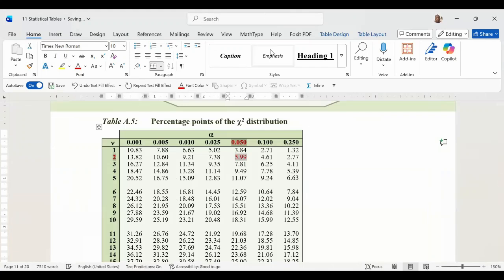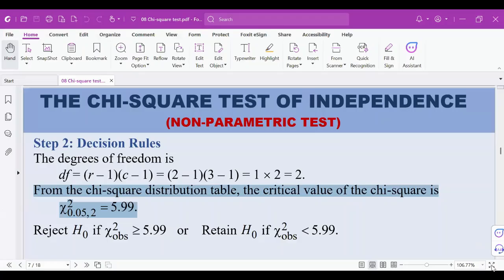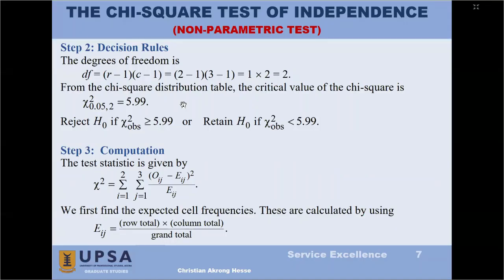So that's how I obtained the 5.99 on our slide. So the critical value is 5.99.